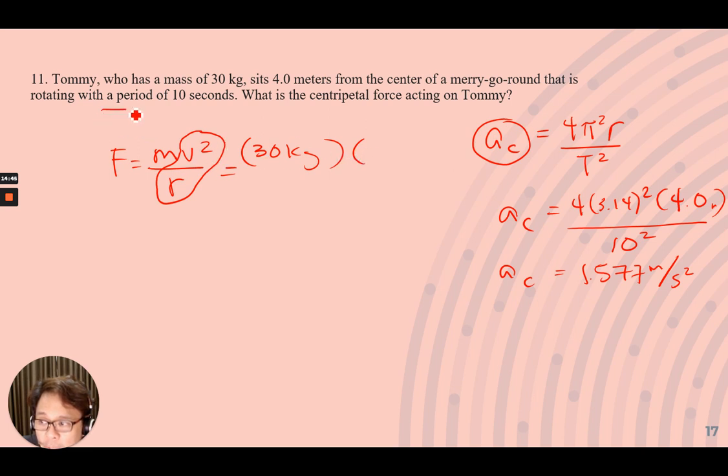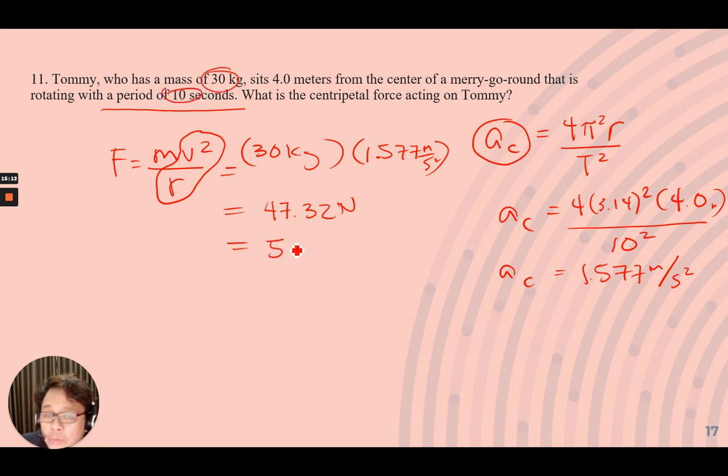They gave the period of 10 seconds, so we can compute for a sub c there. 1.577 meters per second squared, multiply by 30, you get 47.32 newtons. Everything here is 1 SF, so our answer will be 50 newtons.